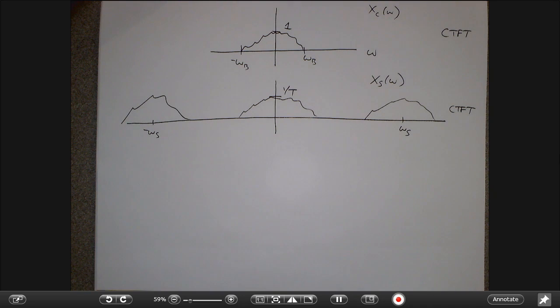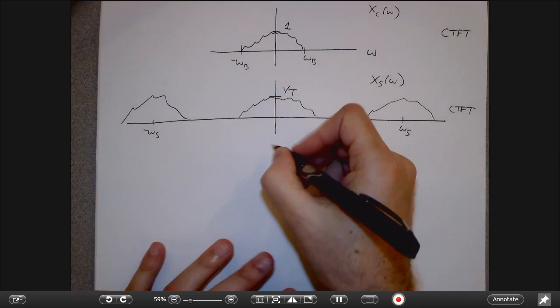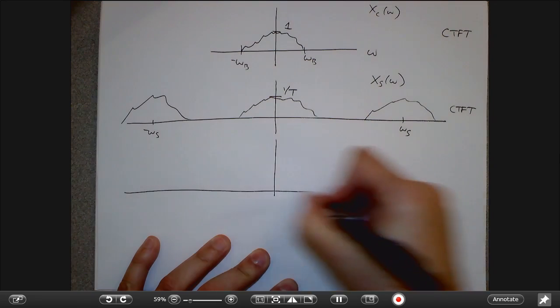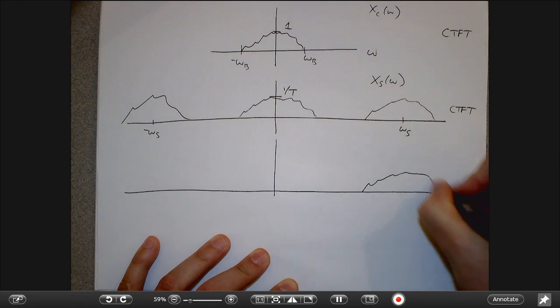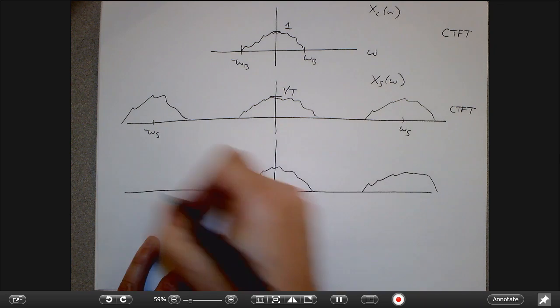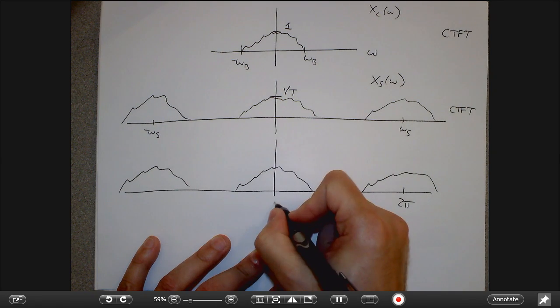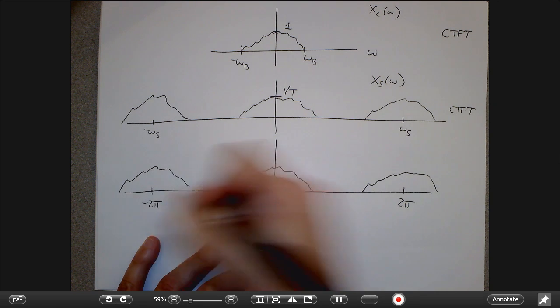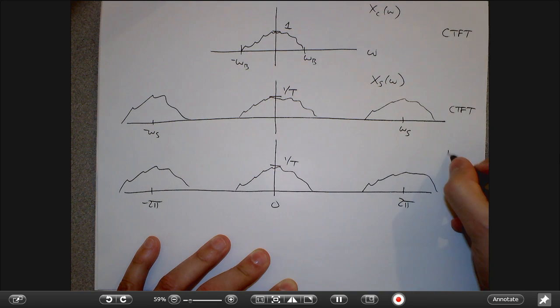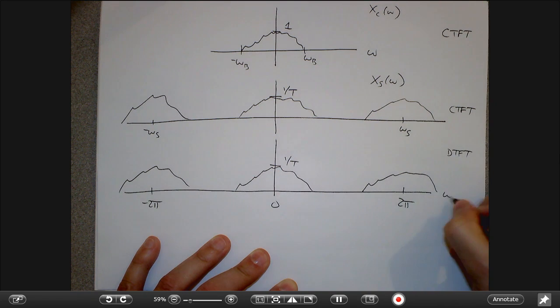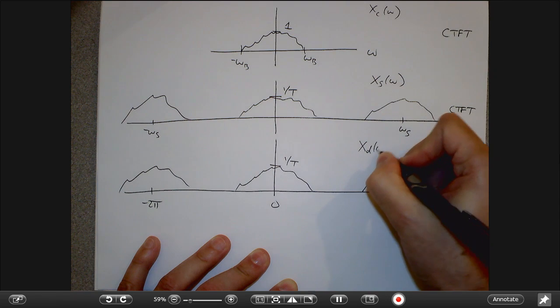Now when I convert those impulses into the stem plot of the discrete time samples, I am scaling the x-axis so that the sampling frequency becomes 2 pi. That means now I have this guy. This is the DTFT of my discrete time samples.